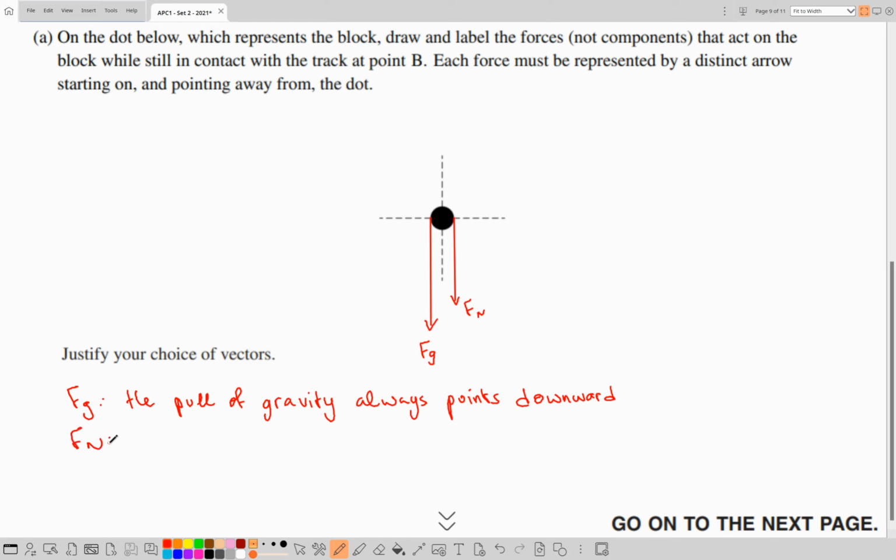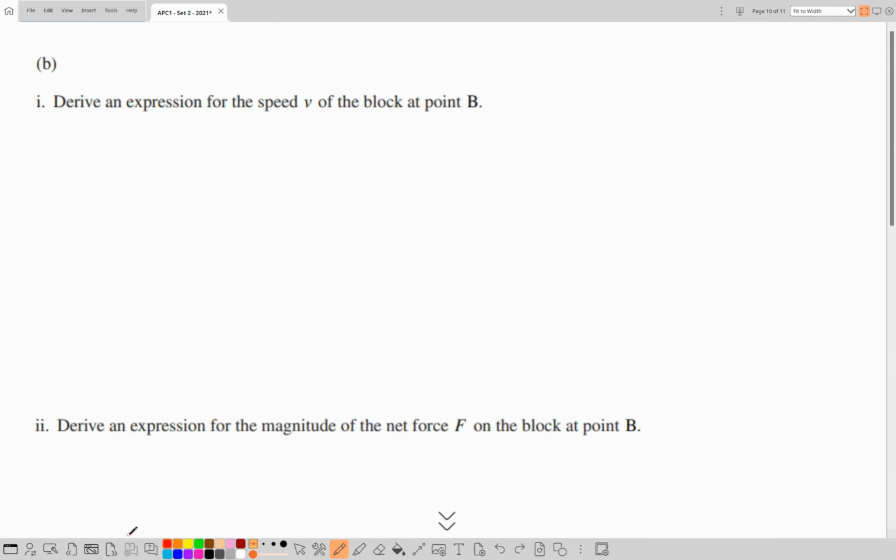And the normal push is given by the fact that it is perpendicular to the support. Then that would be the justification for the choice of vectors.